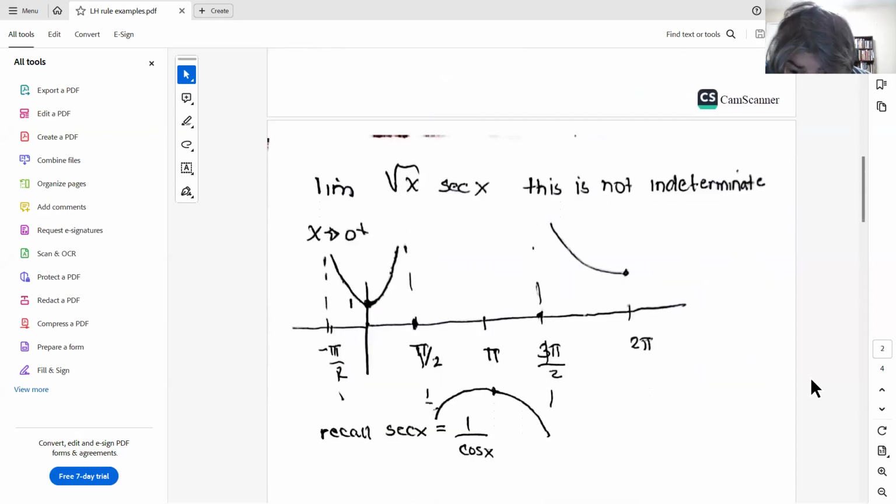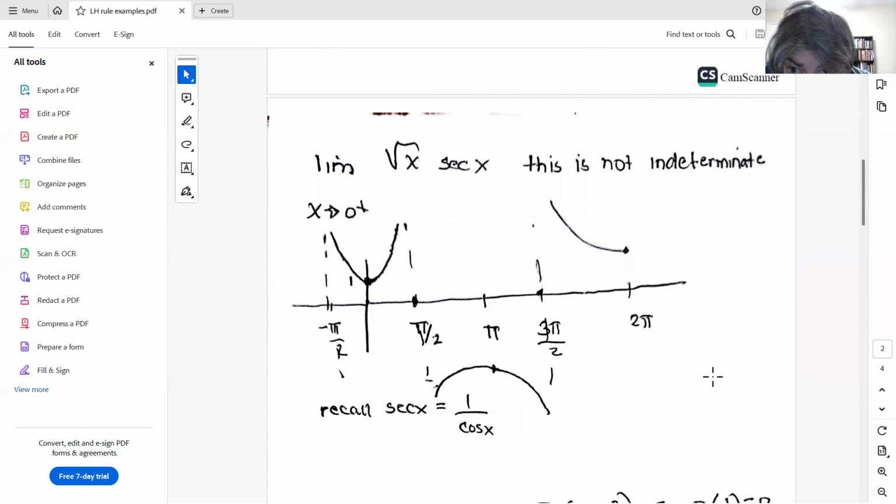Here I've graphed for you in a very crude way the cosine on the interval from negative pi over 2 to 2 pi in increments of pi halves. And I've graphed also over it the graph of the secant. Remember, secant is the reciprocal of cosine.